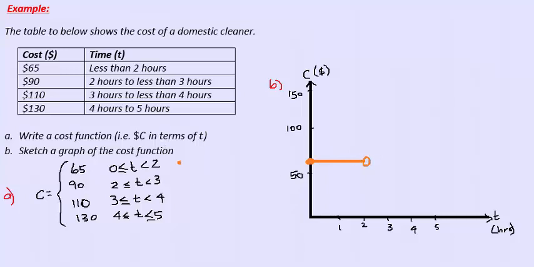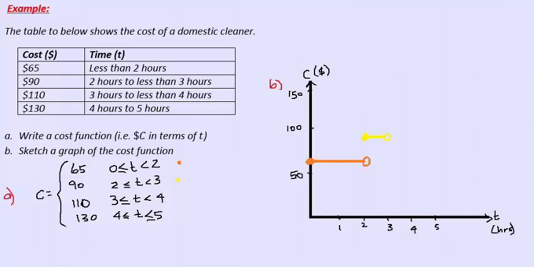My next bracket I'm going to show in yellow, so I'll put a little yellow dot there. And that's from 2 to 3. So again, I'll look for $90, which will be somewhere around about here. And it goes from 2 to 3. And then I need to show that 2 is included, but that 3 is not.